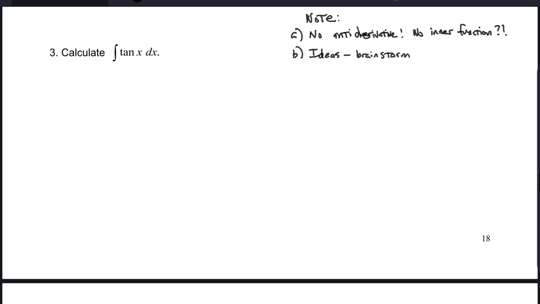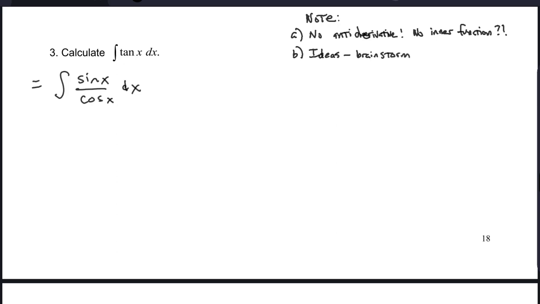What can we do with tangent? Well, because it's a trig function, fortunately, there are other things we can try. We can use identities like sine of x over cosine x dx. Now that's changed the problem into something new. I don't know if it's easier or not. It still doesn't have an antiderivative.